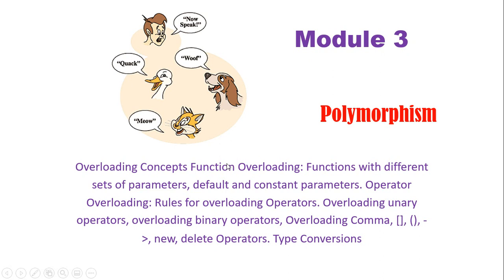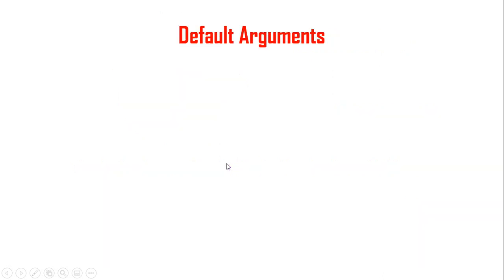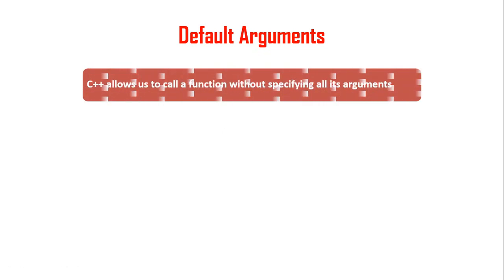Now let us see what is called a default argument. Default argument means by default it will be there. C++ allows us to call a function without specifying all of its arguments.